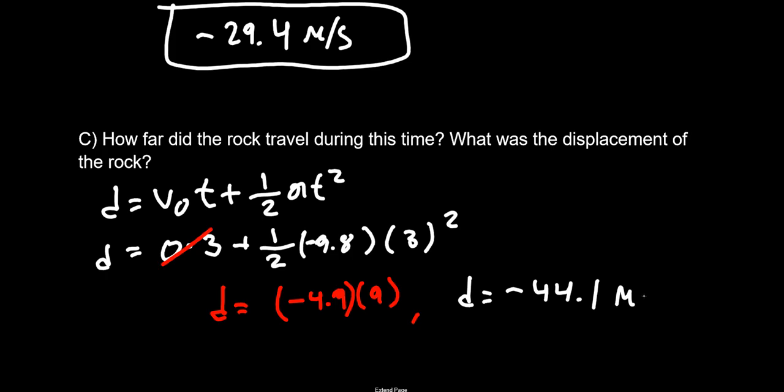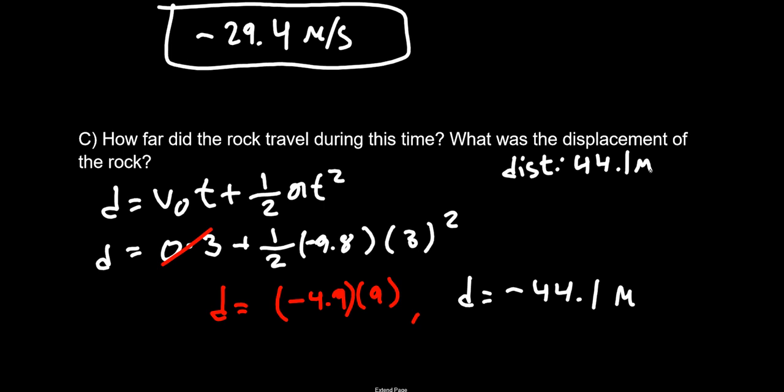Now, how far did the rock travel? Well, the distance is going to be 44.1 meters, because remember, distance is a scalar quantity and displacement is a vector quantity.